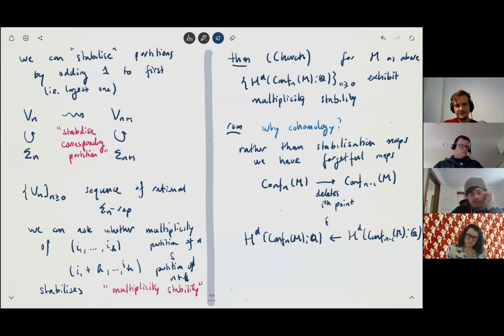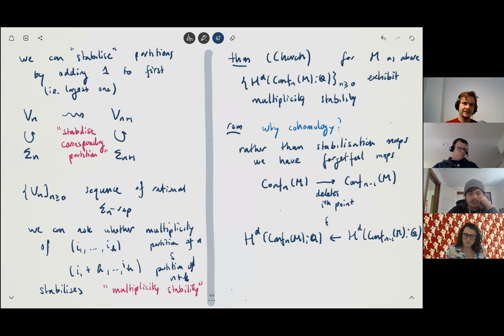This very elementary approach to representation stability is difficult to generalize to other sequences of groups or more complicated coefficients than rationals, because often there is no classification of all representations, and it's not possible to give them consistent names in terms of partitions.